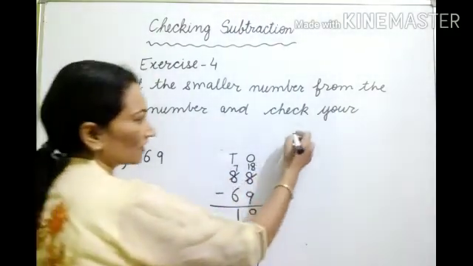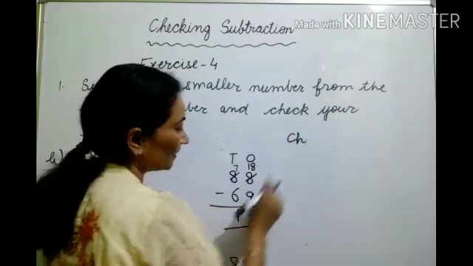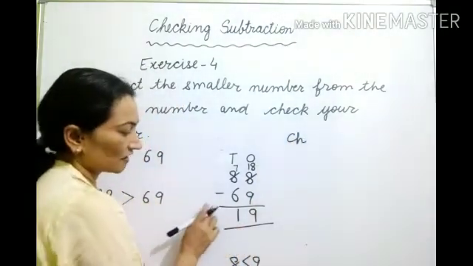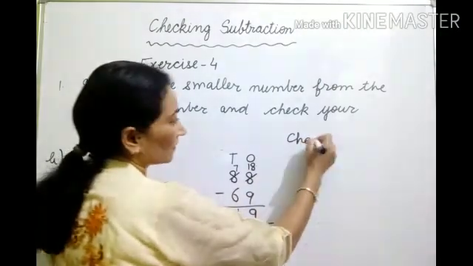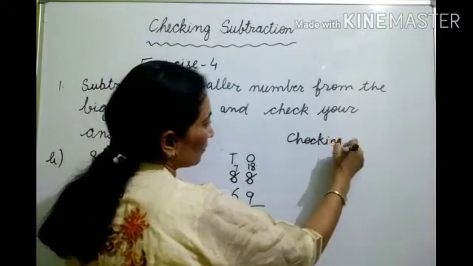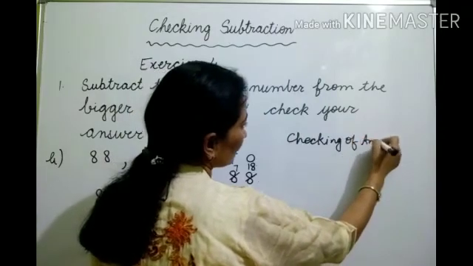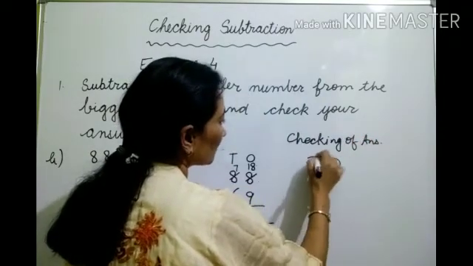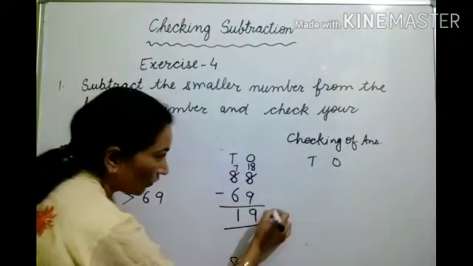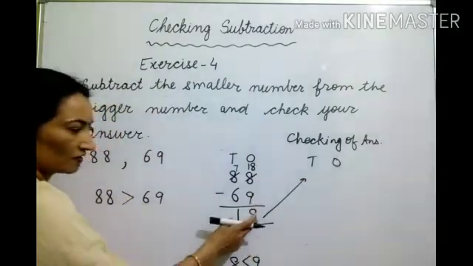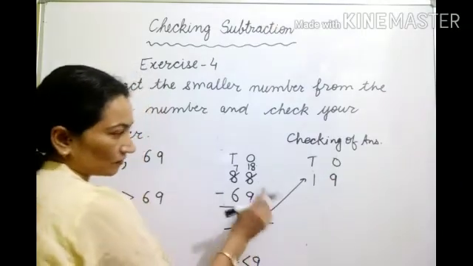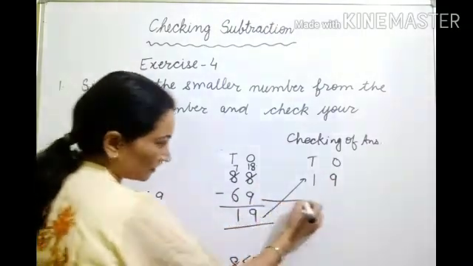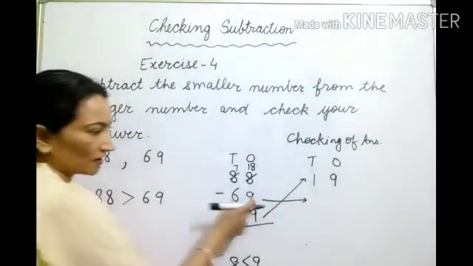Now we will check whether our answer 19 is right or wrong. Checking of answer. First we write the places. Now the answer which we get, which we call the difference, 19, we will write up. Then the number which we subtract, that is 69.